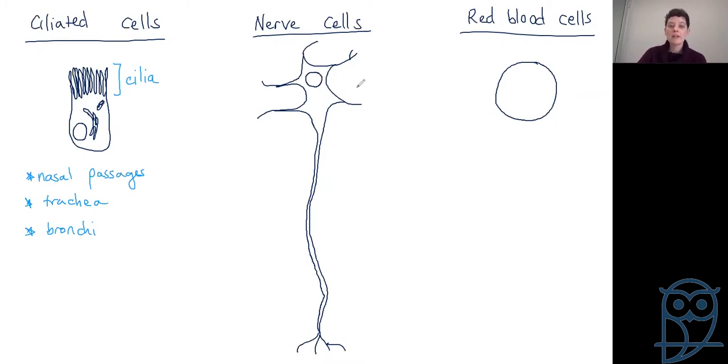But then they have, so we'll just give a little bit of things going on in here because it's so important. Then they have a very long, elongated axon. Okay, and this is insulated to conduct the electrical impulses.